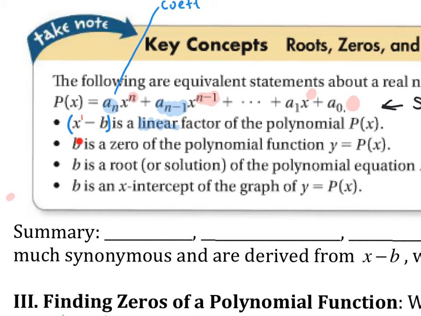It means that when I put in that number, b, into the function, in all the x's, all of this becomes a 0. Another thing, b is called the root or solution of the polynomial equation. And lastly, when we graph it, b is the x-intercept of the graph of the entire function.